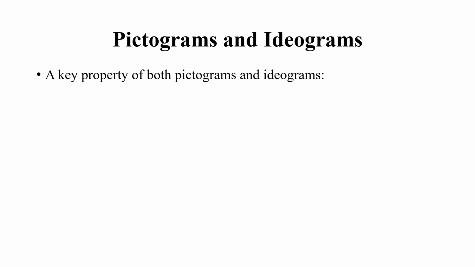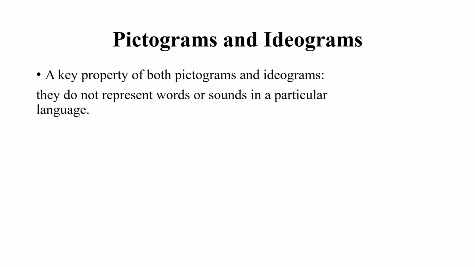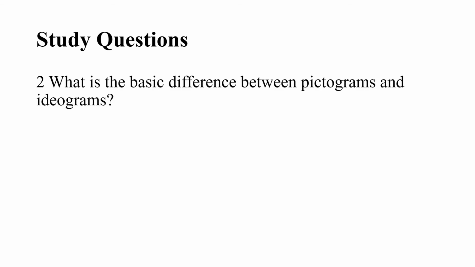So a question here is, what is the key property of both pictograms and ideograms, i.e. what brings them together? They both do not represent words or sounds in a particular language. So what is the basic difference between pictograms and ideograms?